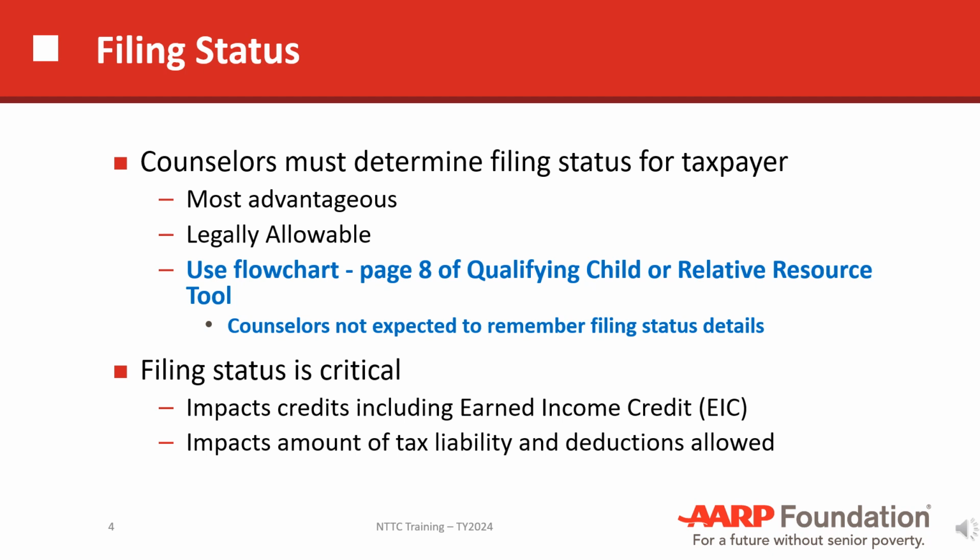So you really need to look these things up and make sure that you have the right filing status, and not be influenced so much by the taxpayer trying to tell you that they're head of household, for instance. Filing status is critical, and it impacts credits, including earned income credit. It also impacts the amount of their tax liability and the deductions allowed. So it's very important that we get it right.